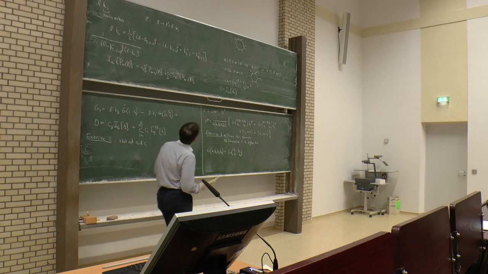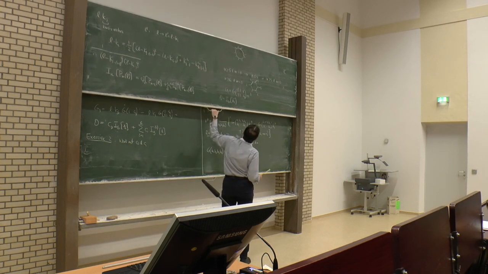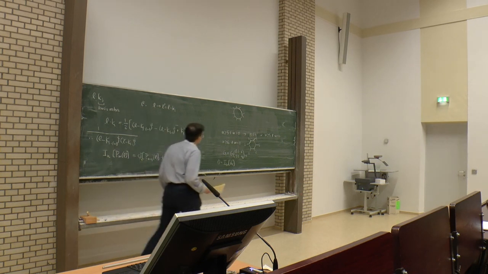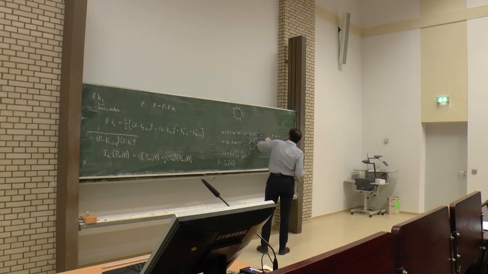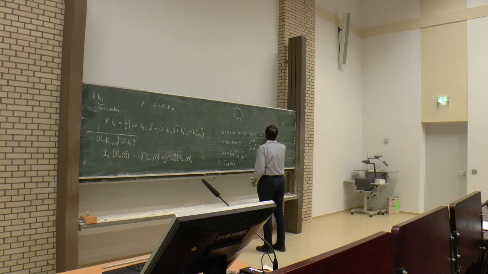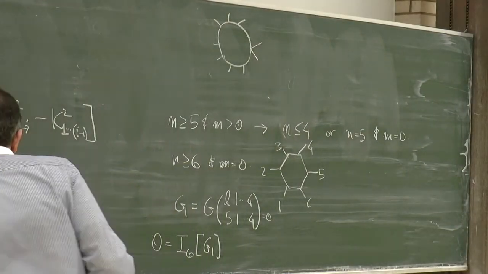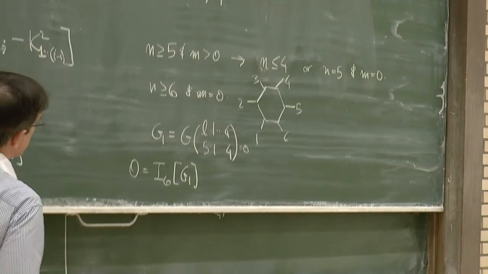Okay, so we're now down to 2 classes of integrals, namely n equals 5 and n equals 4, or things that are 4-point or lower.